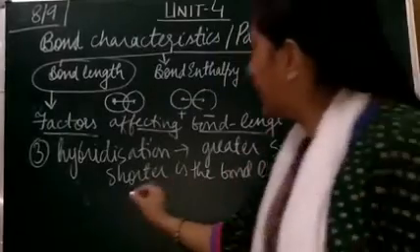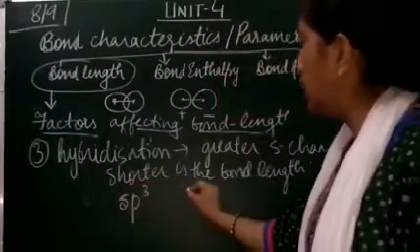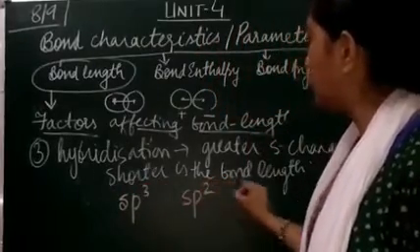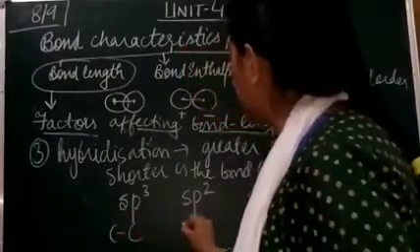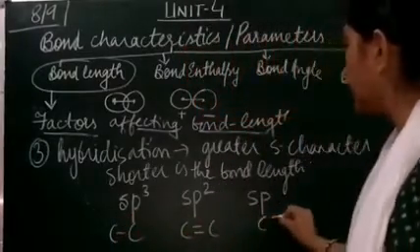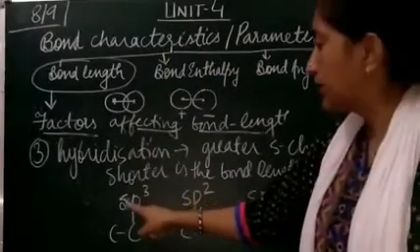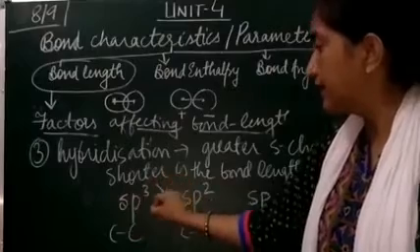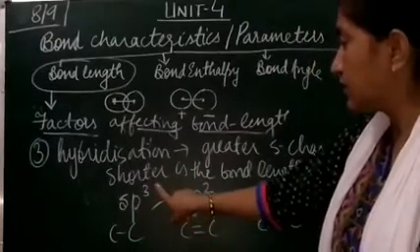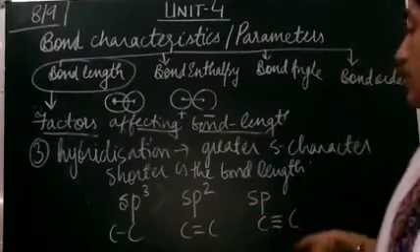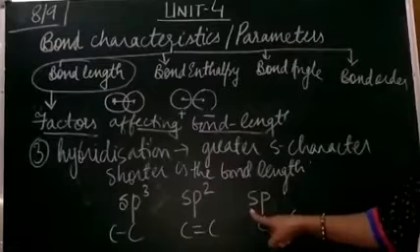Now, student, we mainly have sp3 hybridization, sp2 and sp. Here it is a carbon-carbon single bond, here it is a double bond and here it is a triple bond. Now in sp, that is s and p, the s character is going to be more.